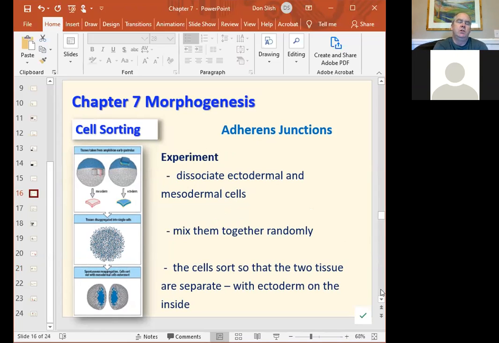In last class, we talked about adherens junctions and integrin junctions. Cadherins make adherens junctions. They also make desmosomes. And your integrins are mostly focal adhesions. So we're going to be talking about those two different things today and how they're used.